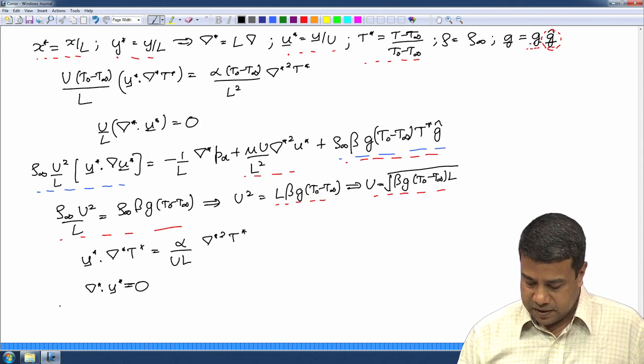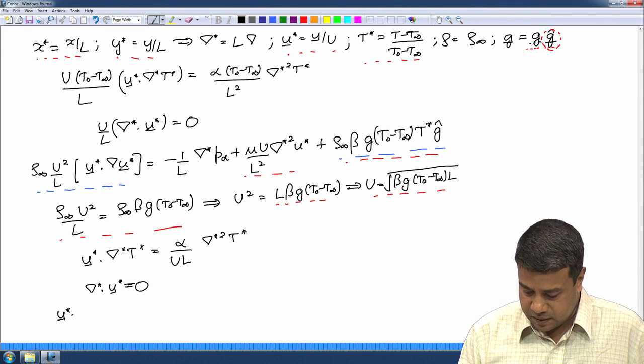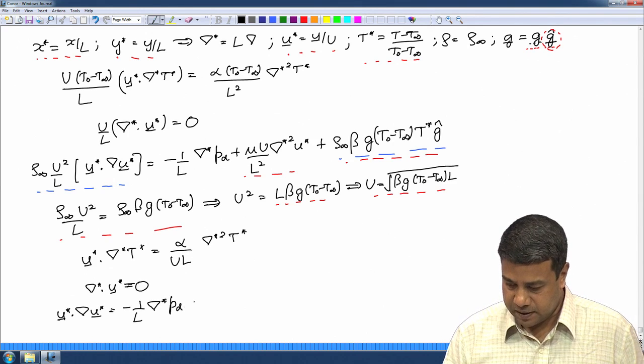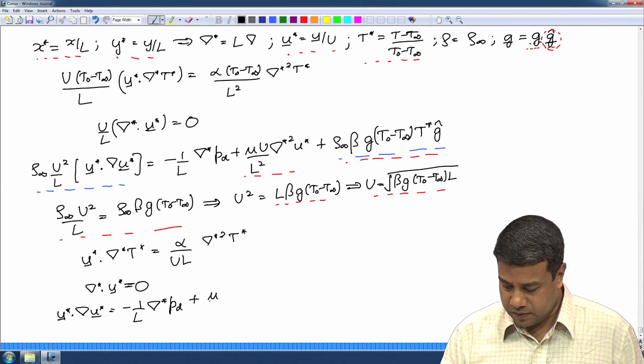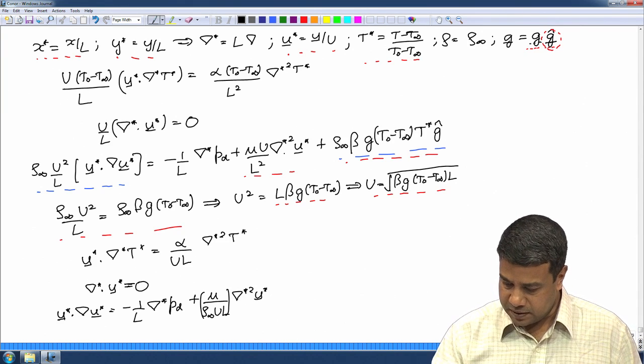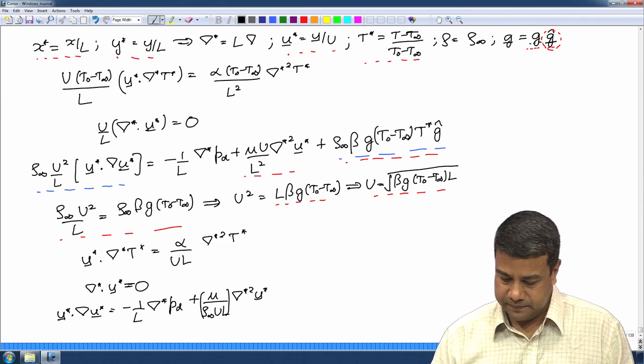The momentum conservation equation becomes u dot grad u is equal to minus the gradient of the dynamical pressure plus mu by rho infinity u L times the Laplacian of u. This should be velocity, a vector here, I am sorry.